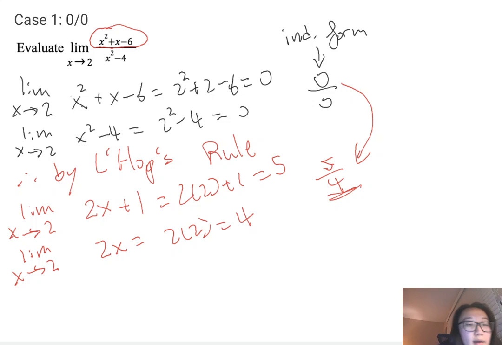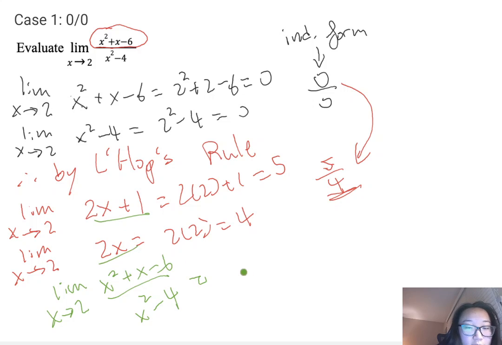So our final solution would be the limit as x approaches 2 of our original equation, x squared plus x minus 6 over x squared minus 4, equals the limit as x approaches 2 of 2x plus 1, the derivative of the numerator, over 2x, the derivative of the denominator as well.